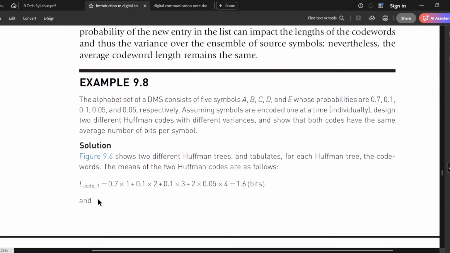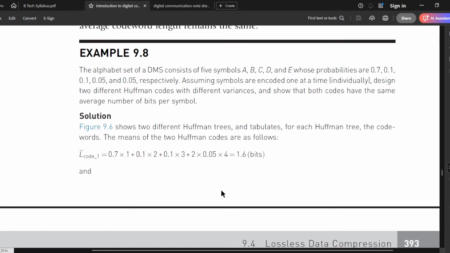L for code 1 is 0.7 plus 1 into 0.1 plus 2 into 0.1 plus 3 into 0.05 plus 4 into 0.05, and that is 1.6 bits.